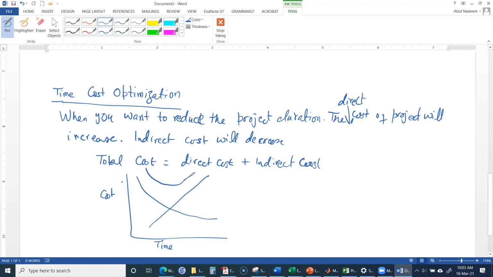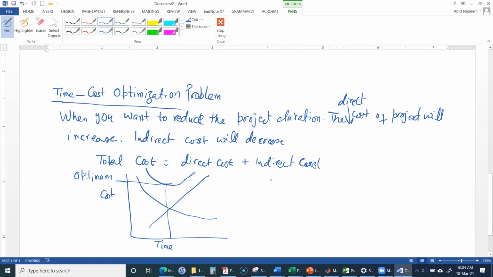That will be the optimized value for the total cost. This is the optimum project cost, the minimum possible cost for the project and its corresponding duration. So this is called the time cost optimization problem.